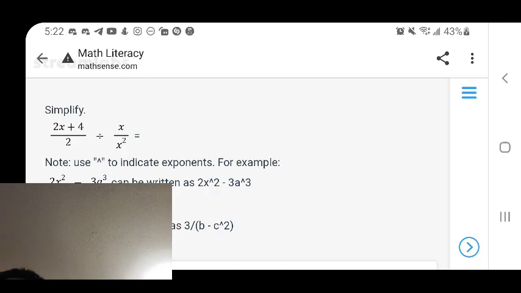Or times x. Right, yeah. So it's just x times x plus 2. X squared plus 2x. I don't know. They're both the same. X times x plus 2 or x squared plus 2x.